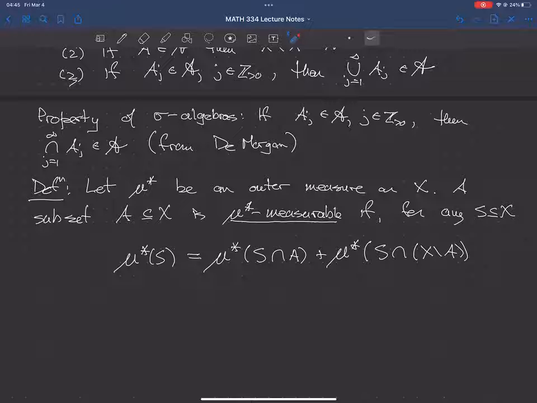What it's saying is that if you take a set S and you break it up into two disjoint bits, one of the points in A and one of the points not in A, then you get an additive decomposition like this. It's slightly unexpected; you maybe would want A to be there, not S, but it is indeed S.